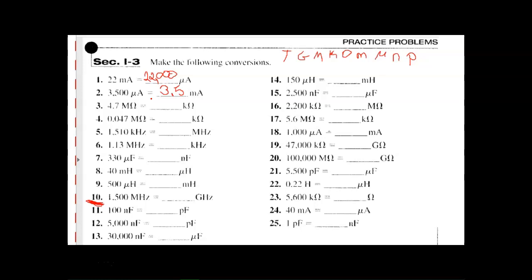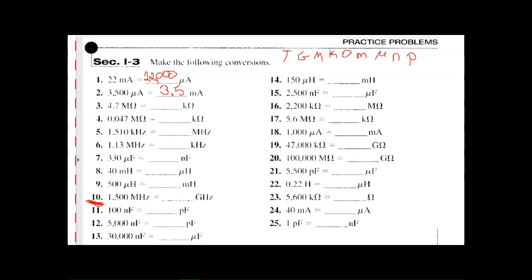Everybody good? So what should I have for number 3? Miss Bush, yes. I know we're going to transfer to kilo, right? But the other one is what?